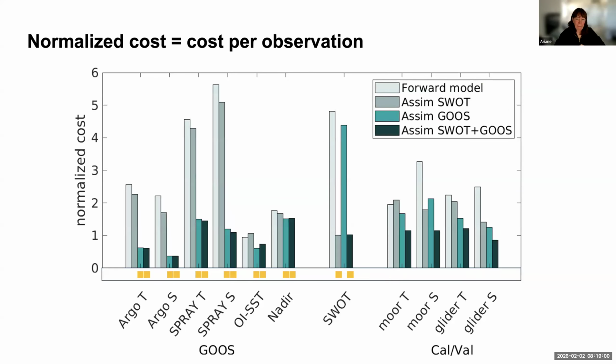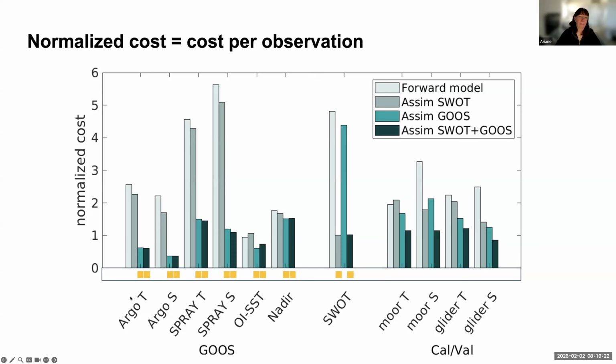This is kind of a summary of how well we fit each data set for each assimilation. The orange symbols are for the independent data. Sorry, opposite, the data that's assimilated.